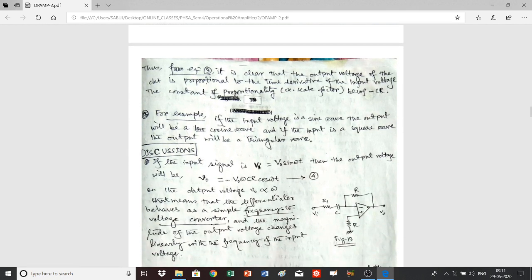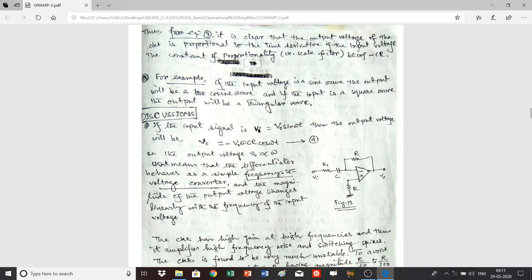So you can write v0 is equal to minus CR, and then the differentiation of this is equal to V0 cos omega t with another term omega. So v0 is equal to minus V0 omega CR cos omega t, or from this relation you can write that the output voltage v0 is proportional to omega. That means in case of a differentiator, the output voltage is proportional to the frequency of the input applied voltage.